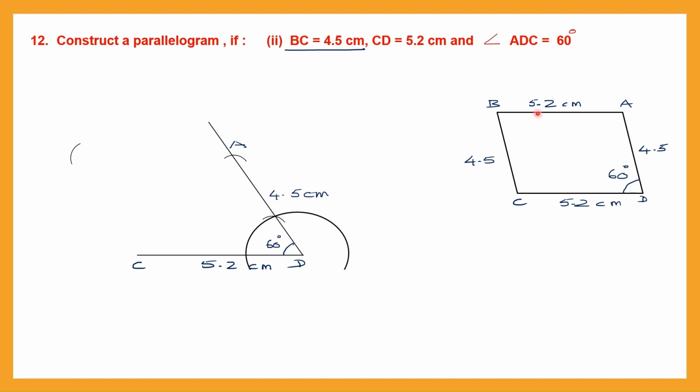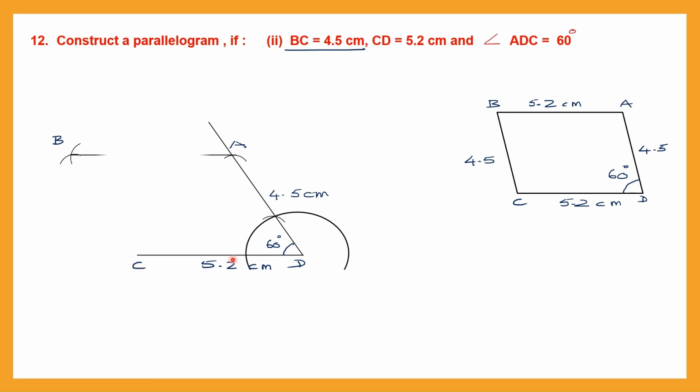Then we're going to get 5.2 centimeters. We're going to place our compass at A and draw an arc in such a way that we will cut this arc. Okay, so we have drawn an arc and that has cut that arc here. Now the point of intersection of the two arcs, we're going to name it as B. So this is B and we're going to join BC.